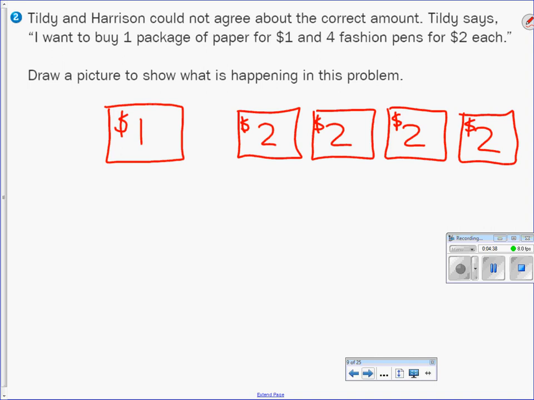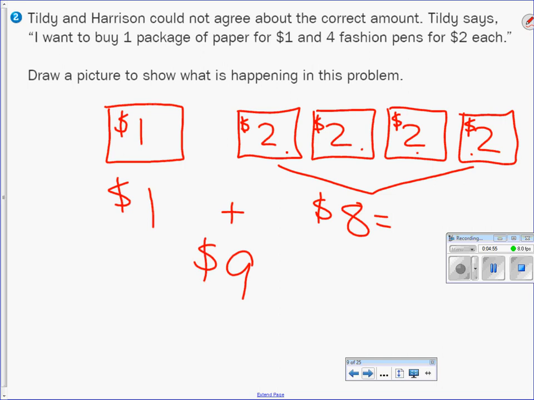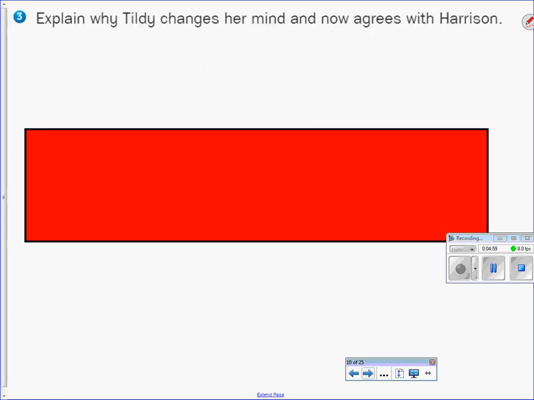Okay, and so if I add those up, I have 2, 4, 6, 8. So these would equal $8. And I need to add that to my $1 I have here for my paper, and that is going to equal $9.